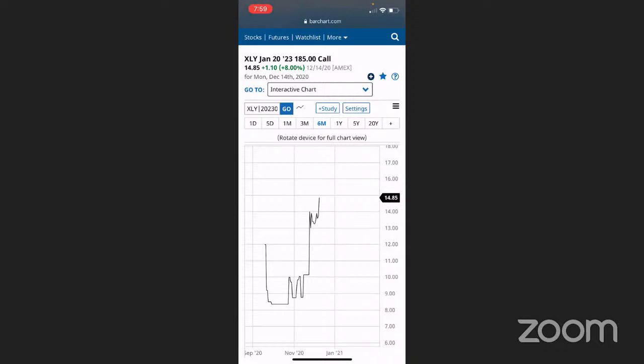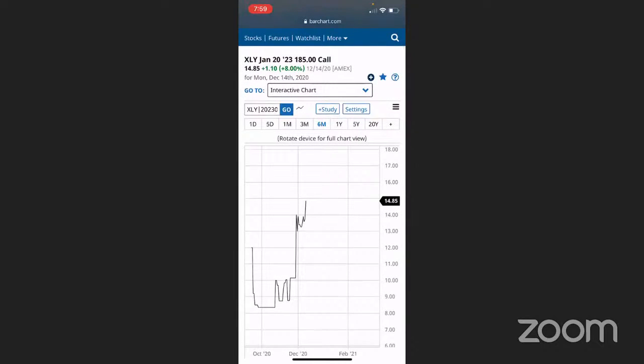That could be a potential positive catalyst, as is the vaccine news coming out. In 2021 people are going to be looking to go back into Starbucks more aggressively and buy more Nike clothes and shoes because they might get to go outside a little bit more. So it has all those tailwinds.